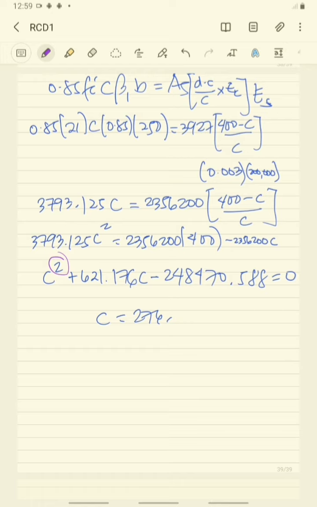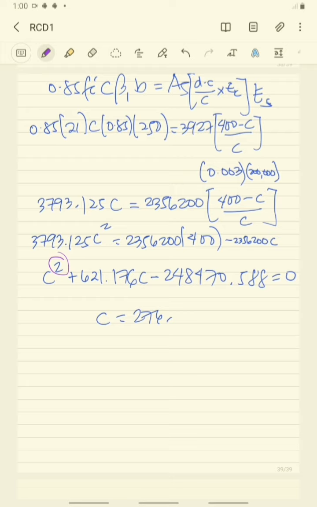Again, we have mode 5, then 3, then 1 equals, 621.176 equals, then don't forget the negative sign, 248470.588.